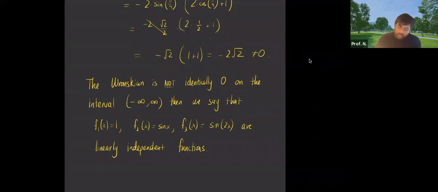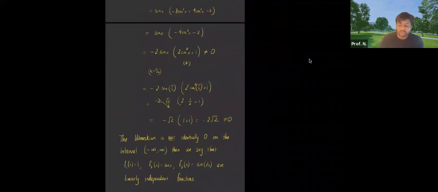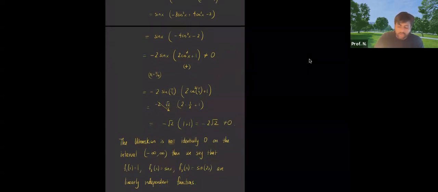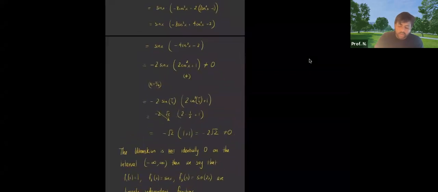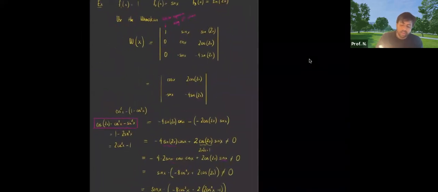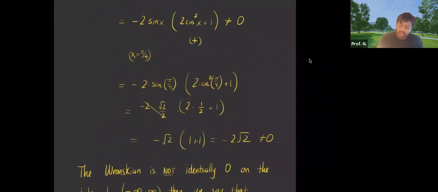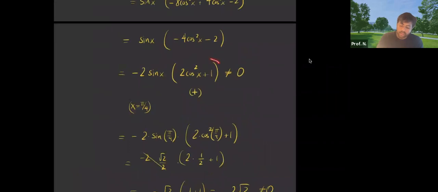Okay, so that's how we determine for functions whether they are linearly independent. We use something called a Wronskian, which has rows of the functions and their derivatives. The first row is just the regular functions, and then the second row will be the first derivative, and so on and so forth. You perform the determinant, and as you notice, my determinant is a function of x. This is my Wronskian.